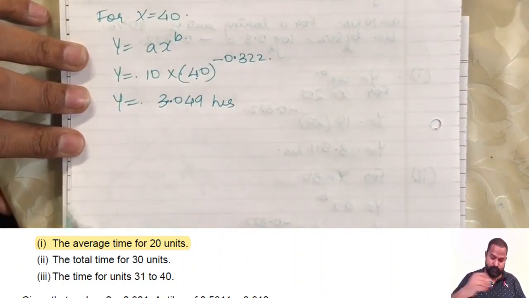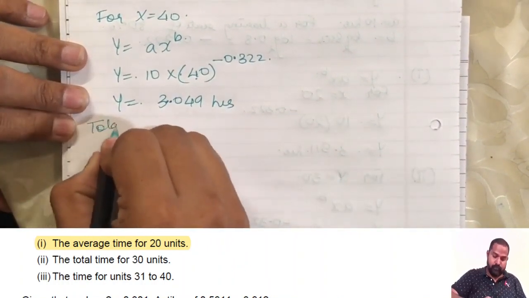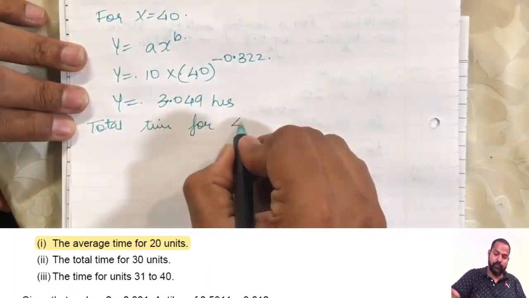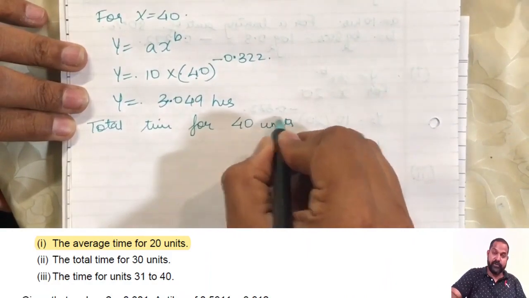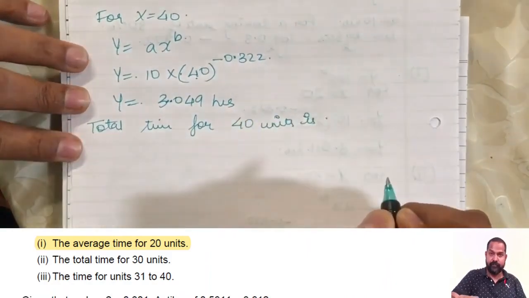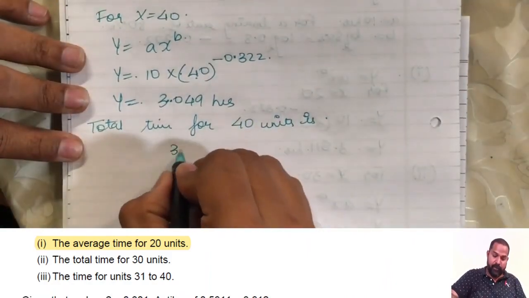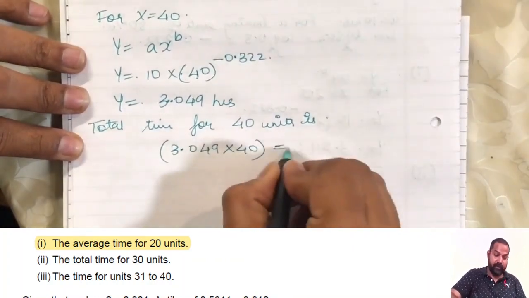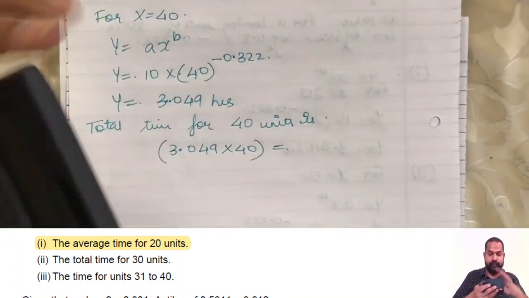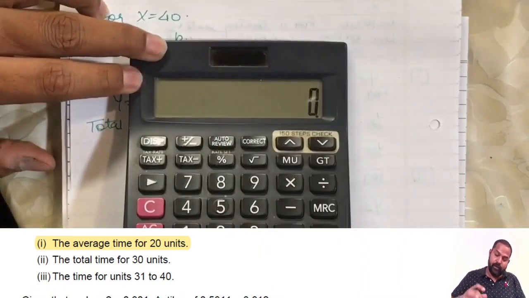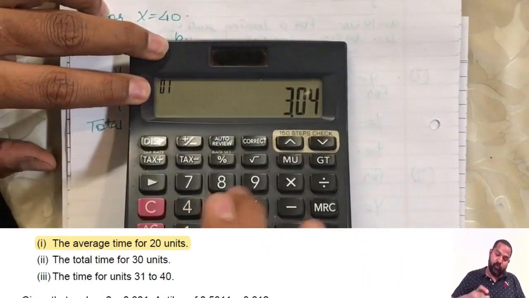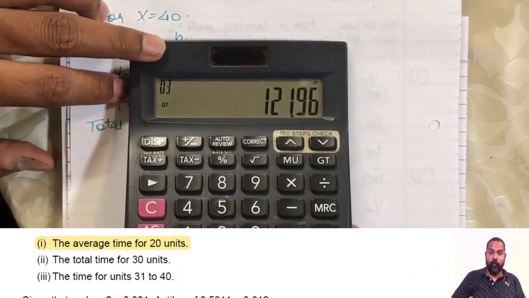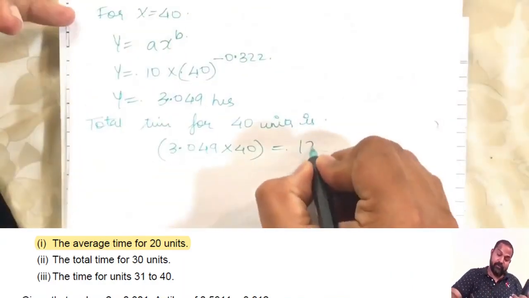I need total. Total time for 40 units is 3.049 multiplied by 40, which is 121.96 hours.